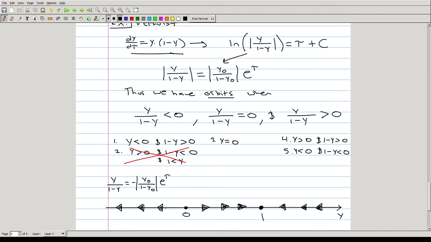But if you take an initial condition that's a little bit less than 0, the solution is going to go off to negative infinity. If you take an initial condition inside this orbit, the solution goes up to a limiting value of 1. And if you take a solution in this orbit right here, so an initial condition anywhere in this interval, it's going to, in the limit, tend to the value 1.